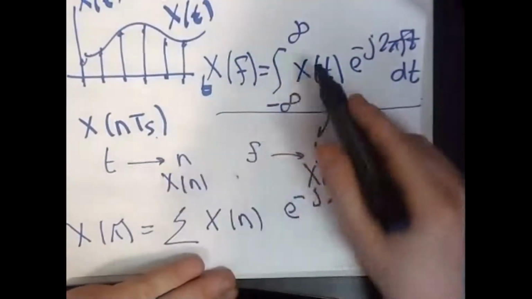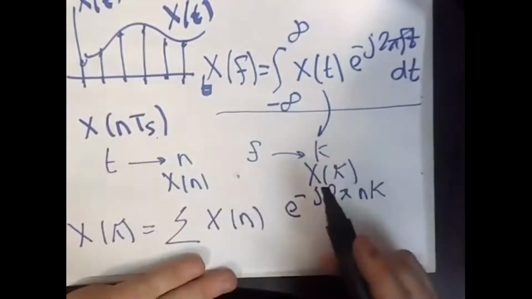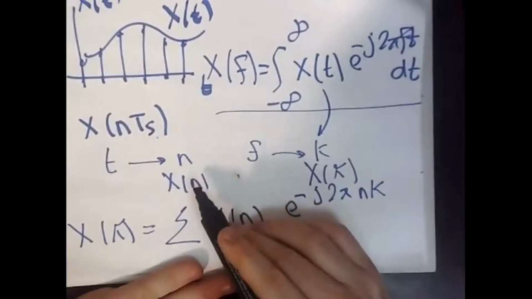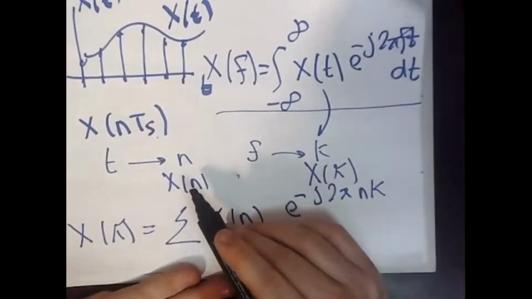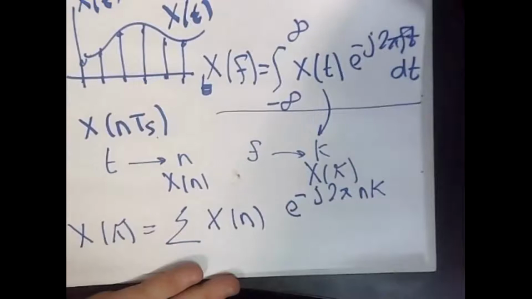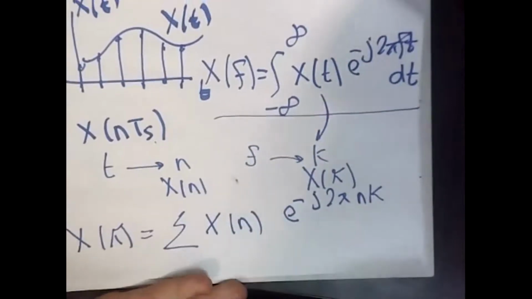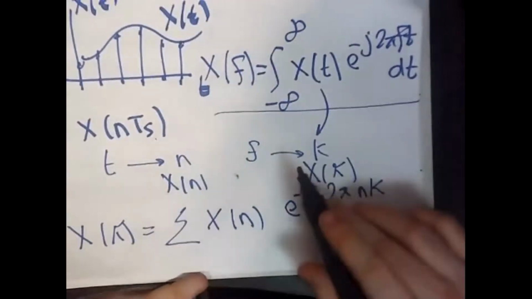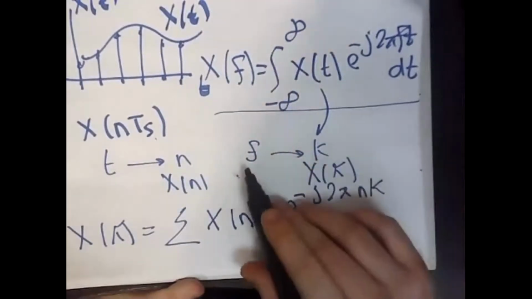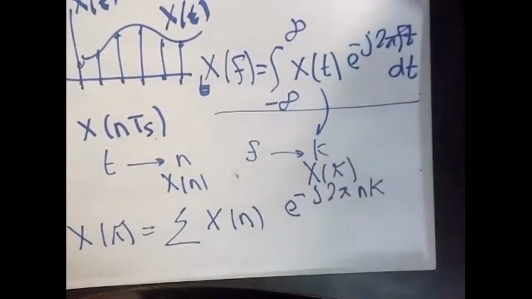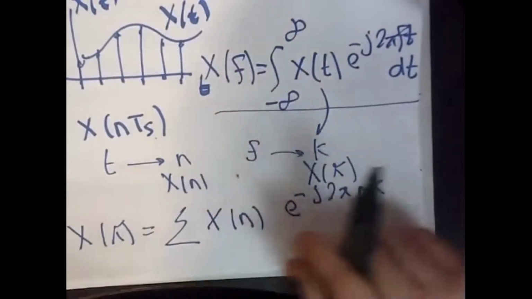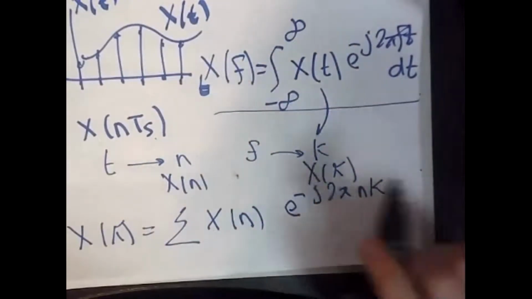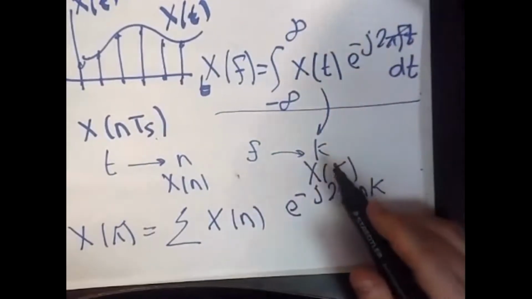That our new time domain signal is discrete, that's why we replace the t with n. And also we assume that it's periodic. And this is an obligatory assumption. Why? Because in order to have a discrete frequency domain, your time domain must be periodic.